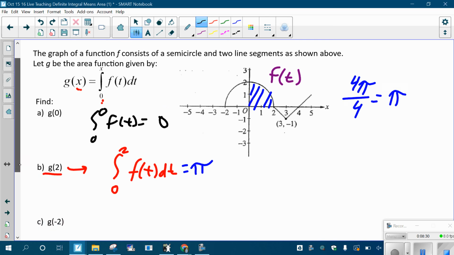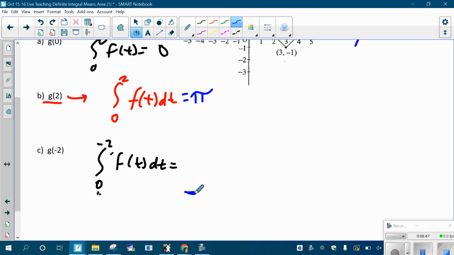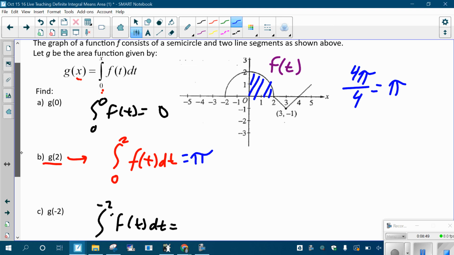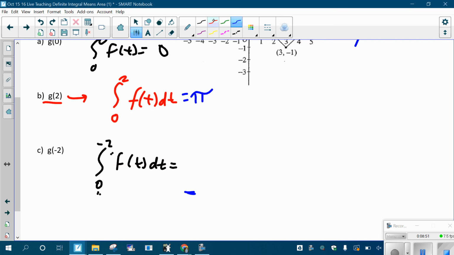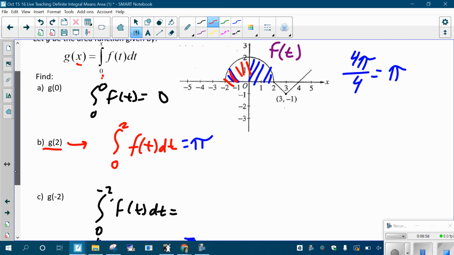I'm not even moving. This last one's a little tricky. The area from 0 to -2 of f of t. Oh, this is one of those ones where the lower bound's bigger than the upper bound. I'm moving backwards. So I'm going to need to toss down a negative. Okay? Well, let's find the area from -2 to 0, and then make it negative. -2 to 0, that's just pi again, because it's just another quarter of that circle.